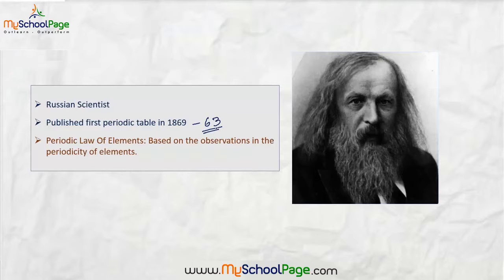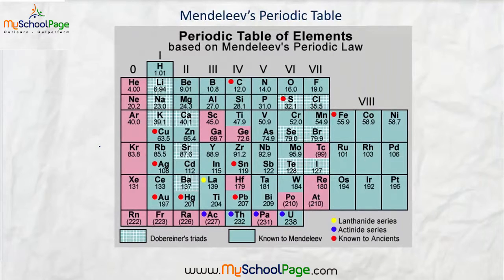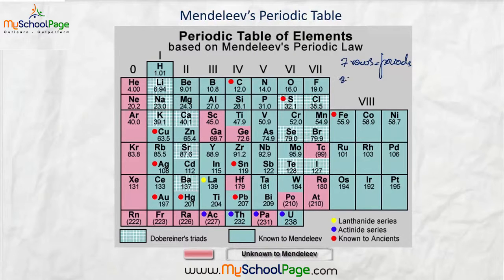Now, let us study the periodic table given by Mendeleev. Observe here, this is the periodic table given by Mendeleev. Mendeleev's periodic table had 7 rows, which are called periods, and 8 columns, which are called groups. 1, 2, 3, 4, 5, 6, 7 and 8.